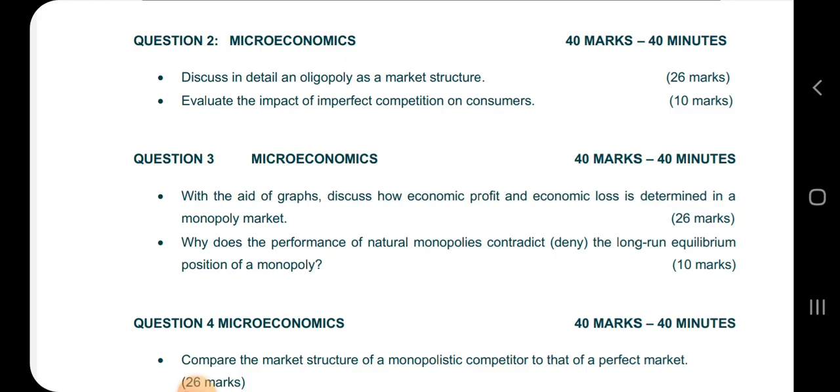When they say discuss a certain market in detail, you write out the characteristics of oligopoly as a market structure, and say what the impact of imperfect competition is on consumers. Your own thoughts, what do you think? That's what you can write there, because you know the conditions and you know what is imperfect. If they say that, you can reference monopoly, oligopoly, and monopolistic competition.